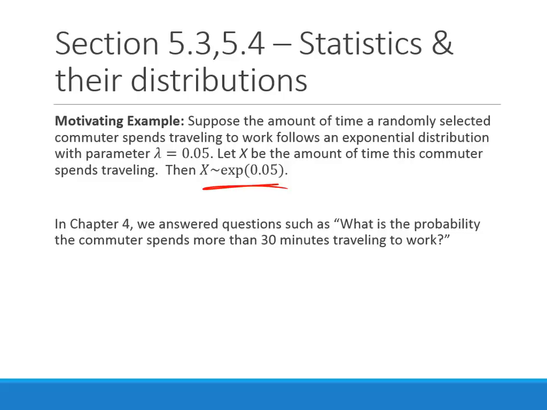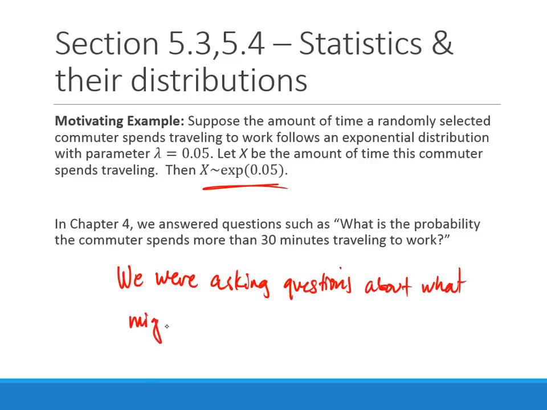So back in that setting, we were asking what might happen if this commuter walks out the door one day and goes to work. So we're asking questions about what could happen. And again, this is a specific example of an experiment.